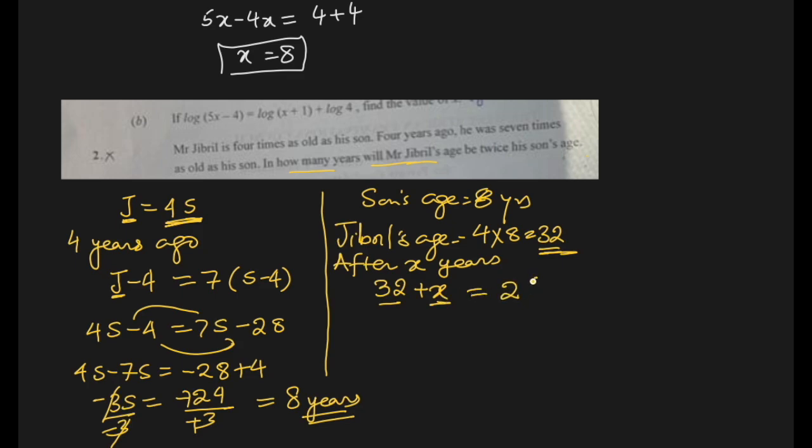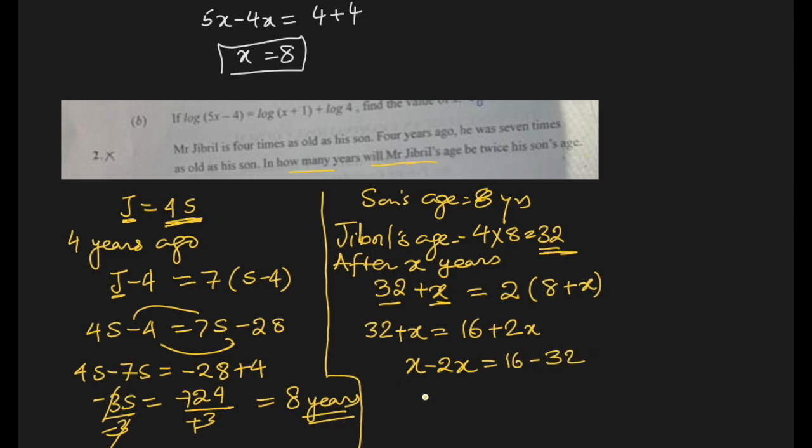It will be twice his son's age, which is 8 plus x, right? And again, we'll simplify it the way we've been doing it. 32 plus x equal to 16 plus 2x. x minus 2x equal to 16 minus 32.